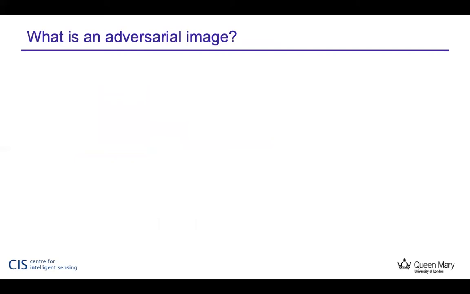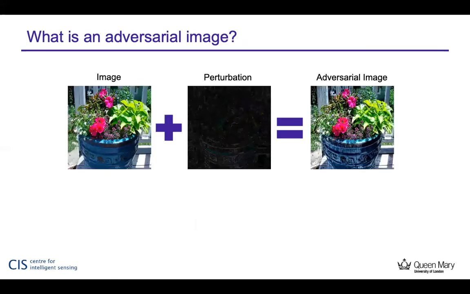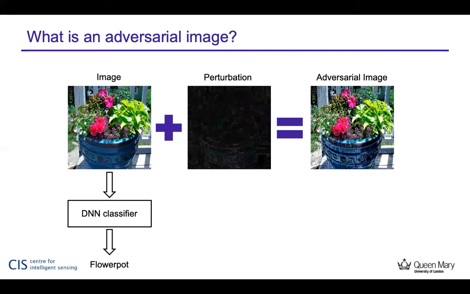So, what is an adversarial image? An adversarial image is an image which is carefully computed to be misclassified. Here I show you one where we start from the flower pot on the left, and the deep neural network trained on ImageNet is able to recognize it as a flower pot.